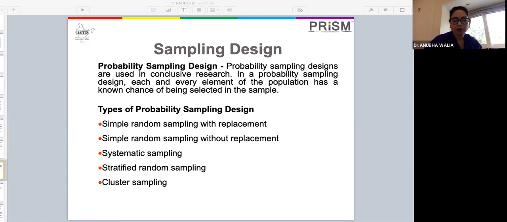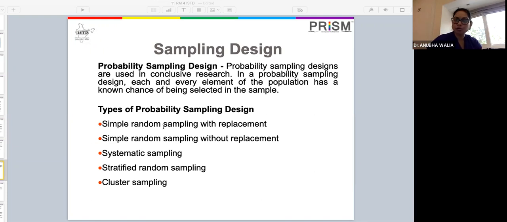When we talk about probability sampling, it is a technique in which the sample from a large population is chosen using a method based on the theory of probability. So in stats, you must have read this particular subject, right? Statistics.